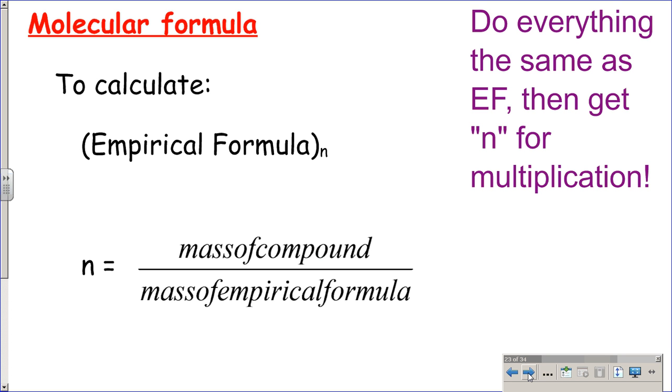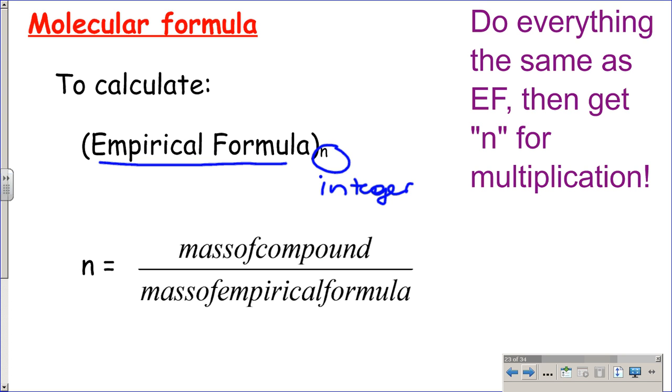This is kind of what I was showing you earlier. Molecular formula is just literally a multiple of the empirical. So whatever you get for your empirical formula, you put it in parentheses, and you multiply by some integer on the outside as another subscript. That integer has a method to the madness on how you get it.